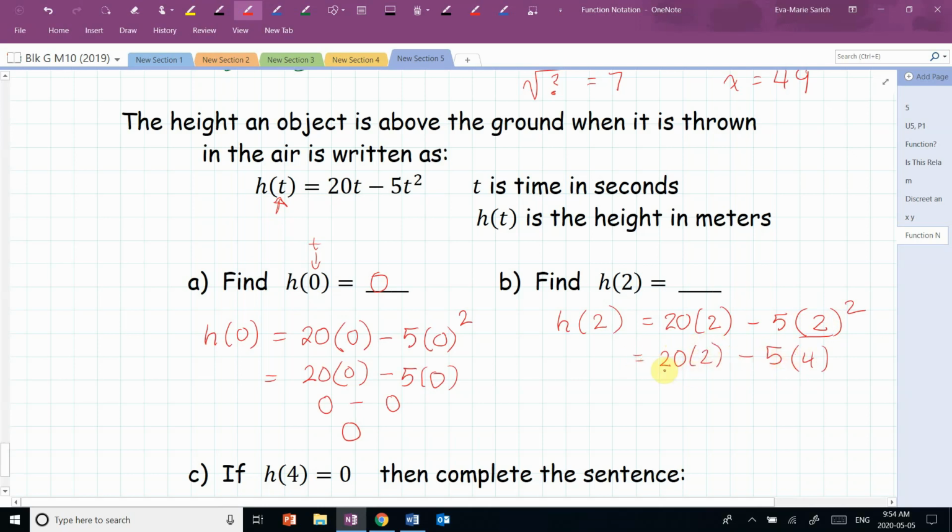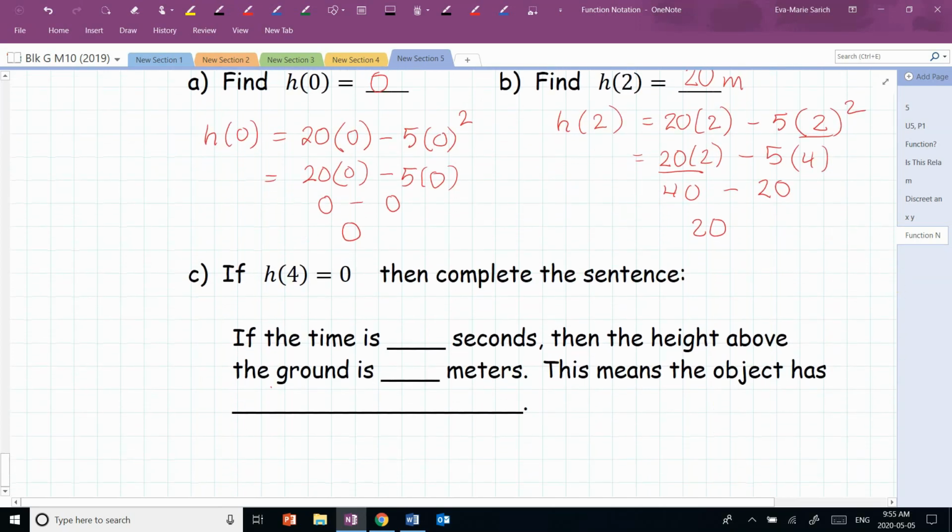We simply multiply from left to right. 20 times 2 is 40, subtract 4 times 5, which is 20, and 40 minus 20 gives us 20. So basically, at 2 seconds, h of t is going to equal 20. The height is going to be 20 meters.